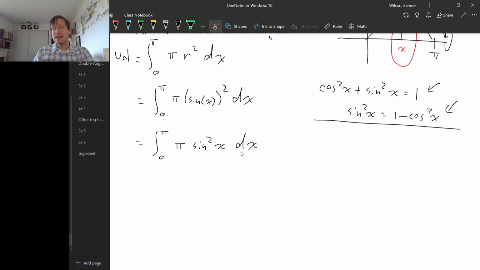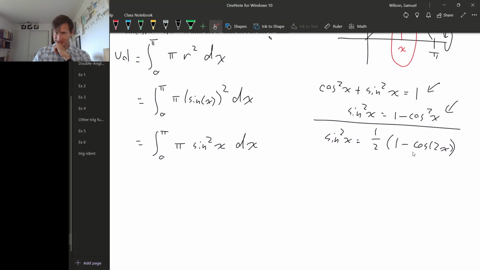Another identity that has sine squared in it is one of those double angle identities. So sine squared x is equal to 1/2 times (1 minus cosine 2x). This is one you've probably seen before, but maybe you haven't used it in a while, so hopefully this refreshes your memory.